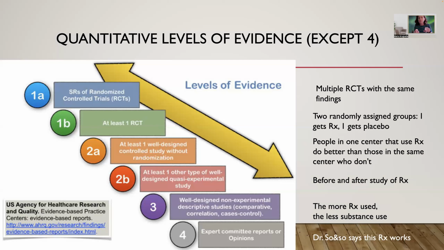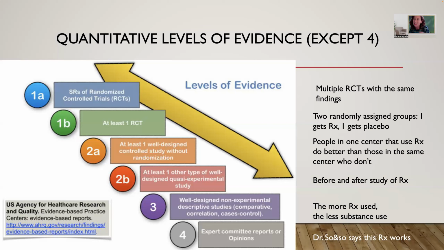Next, up the line, let's do a controlled study, but no randomization. So we've got a clinic in which one group is using a treatment and another group is using another treatment, maybe because one group chose this treatment, the other group chose to do another treatment, or certain therapists will choose this treatment, other therapists choose another, and we can compare those two groups.